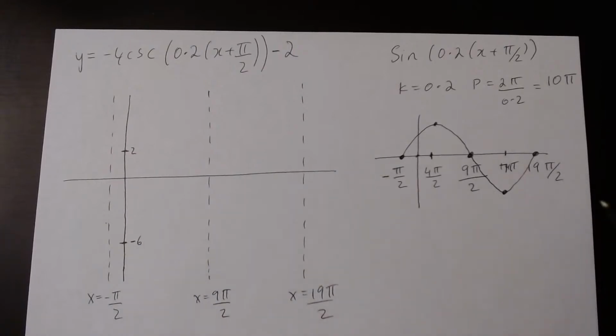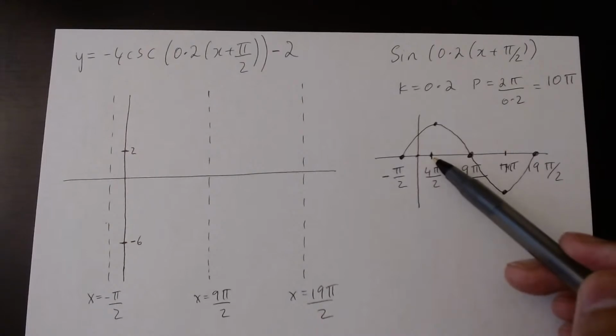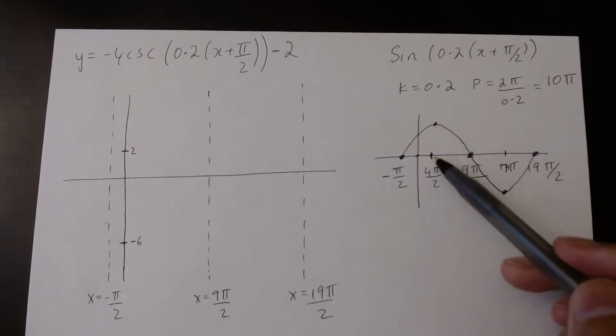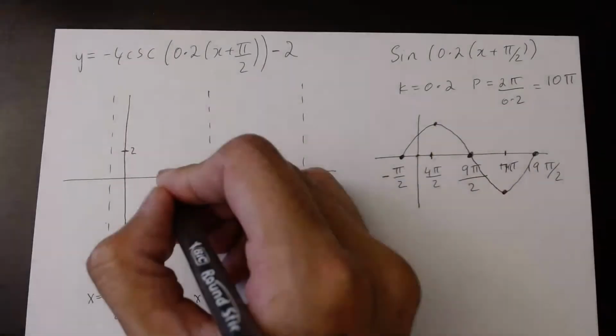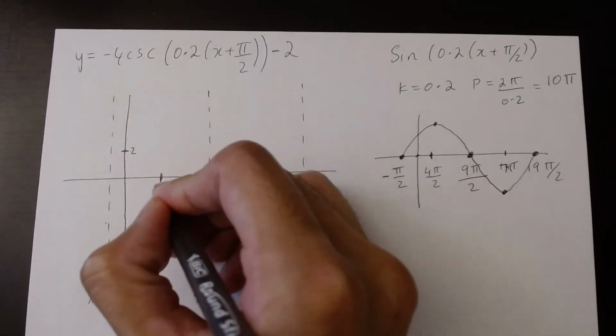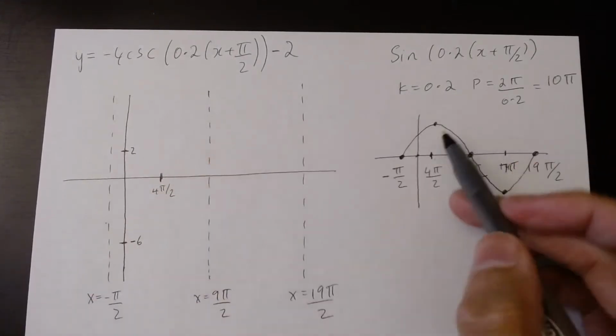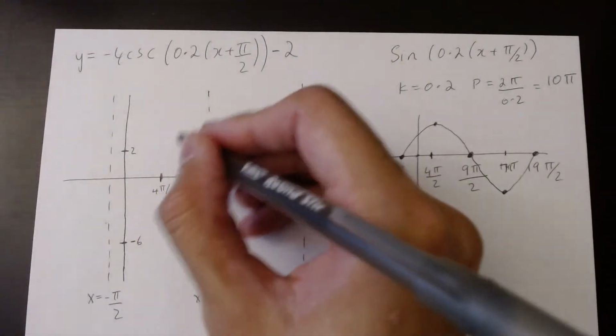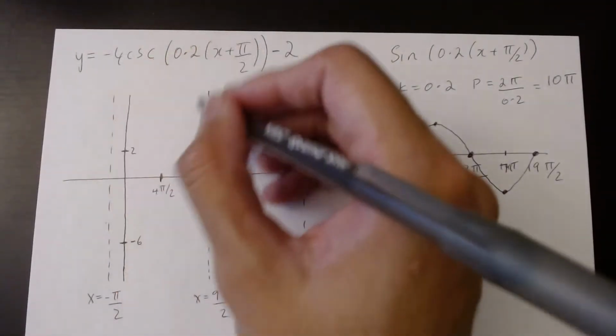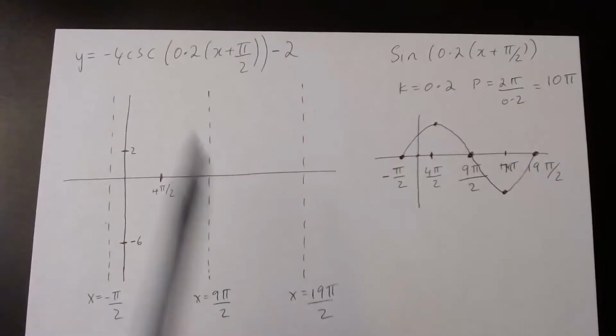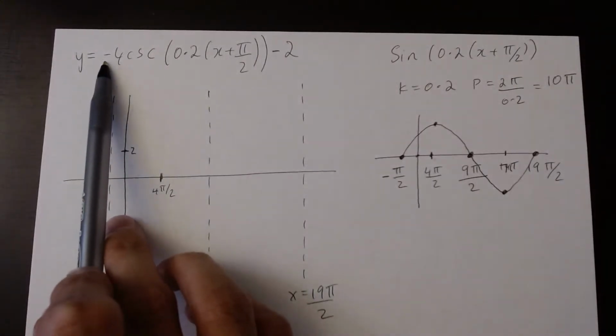Okay, now to do the sketch. If I look over here, my maximum is at 4 pi over 2. Typically speaking, this maximum would turn into a minimum and go upwards like this at 4 pi over 2. But I notice I have a reflection in the x-axis.